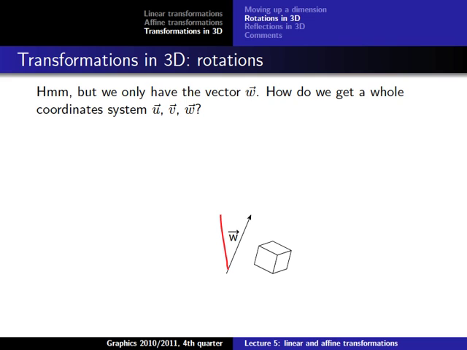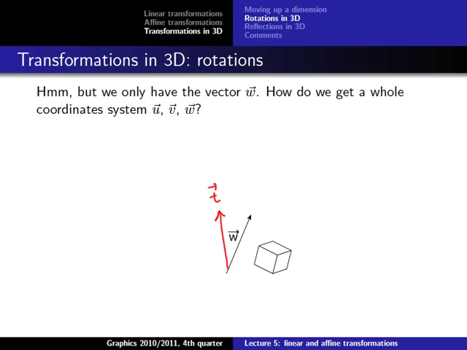We just define any vector t which is not linearly dependent on the vector w, so not parallel to it. For example, we just take the lowest coordinate of w and set it to 1, unless it is 1, then we set it to another value. Then we have a vector that is not parallel to the vector w.